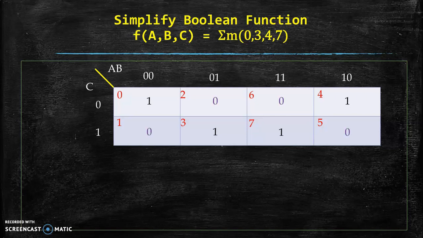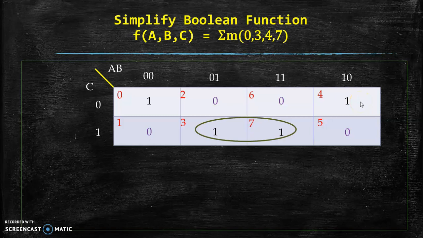Now we have to start preparing groups. We have a total of 4 minterms, but a quad is not possible. We should first try to prepare a quad if possible, but it is not possible, so we will have to go for pairs. This is the first pair, and we can prepare it with 0 and 4.